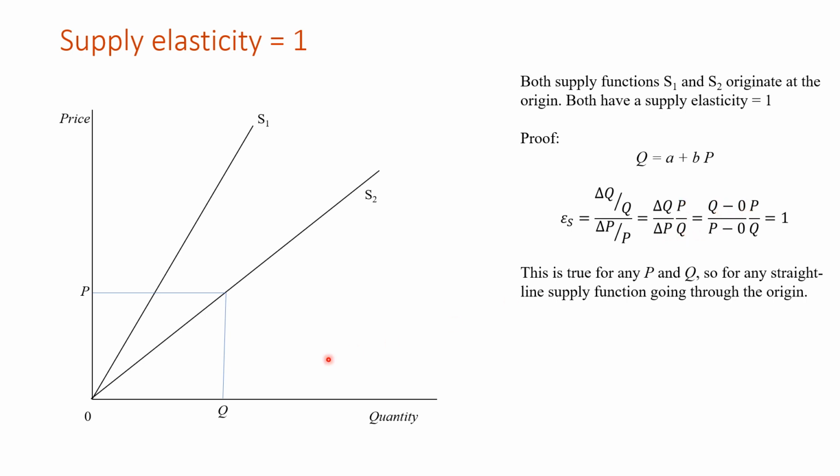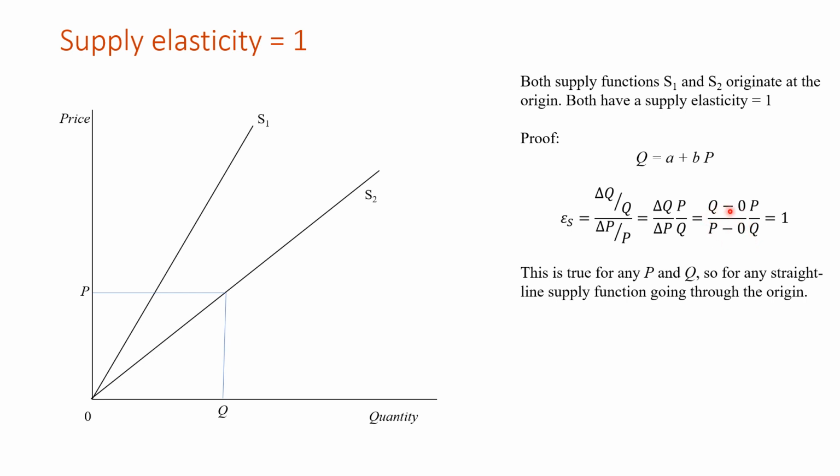At point 0, so it goes through 0, we take whatever Q you have and subtract 0 from it. So the change in Q over the change in P is given by Q over P only.